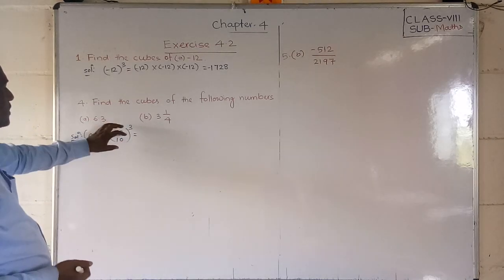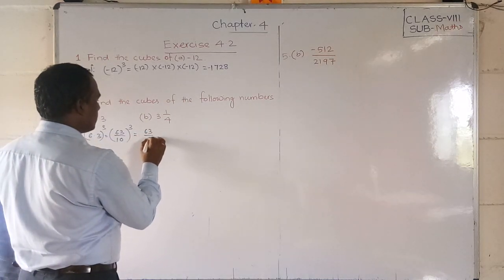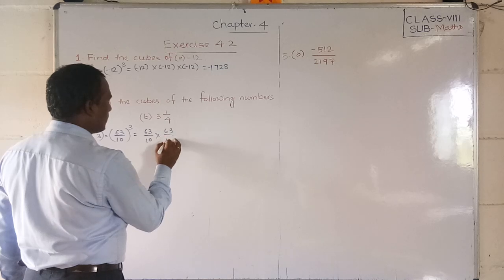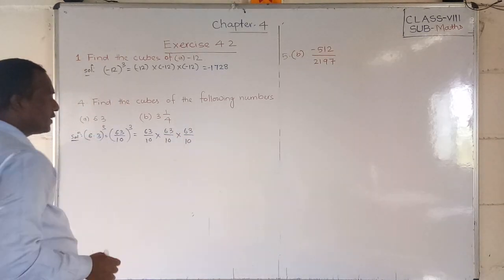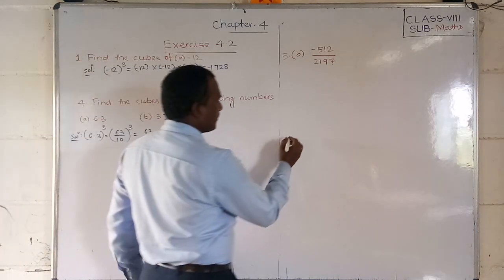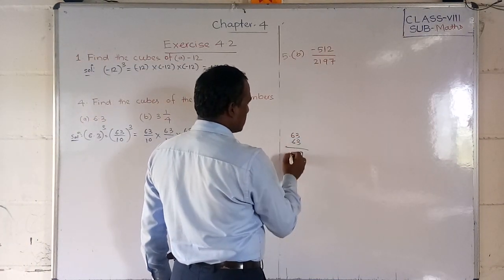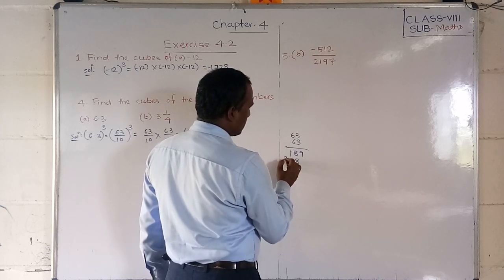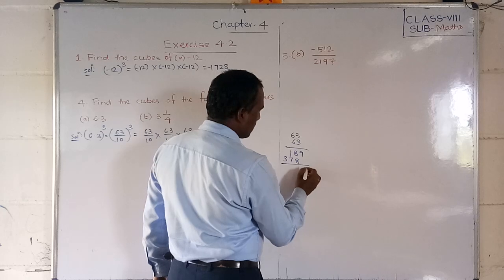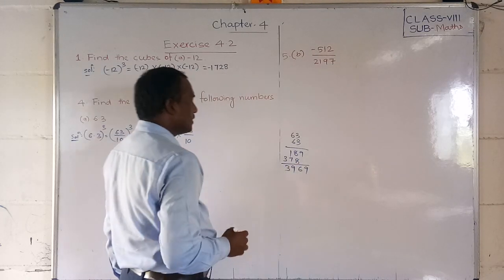We multiply 63 by 10 three times. First we multiply 63 into 63, which gives 3969.